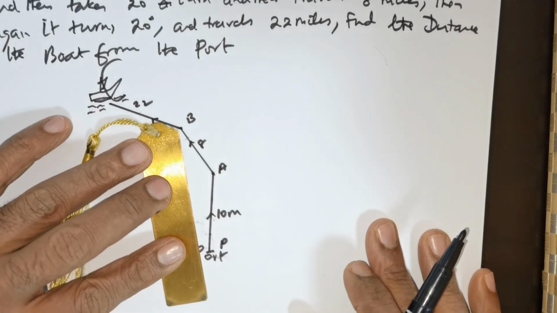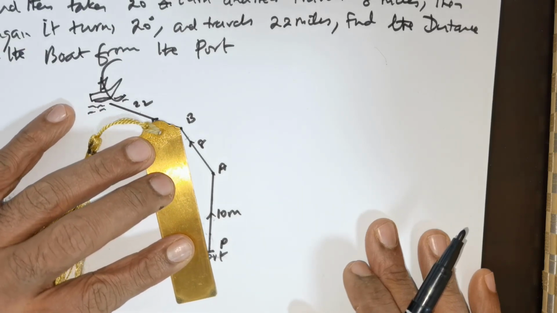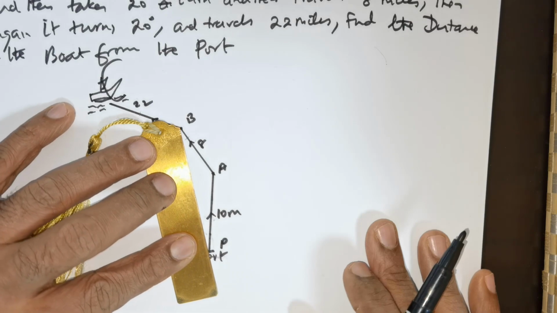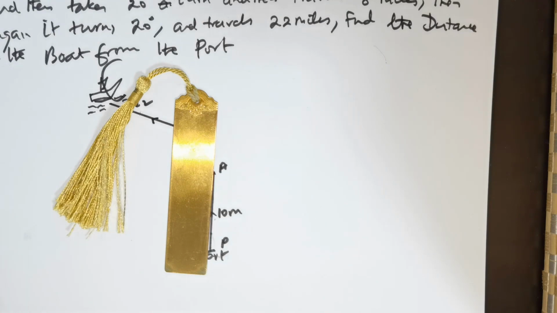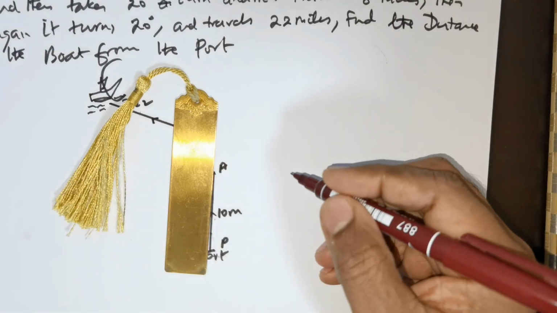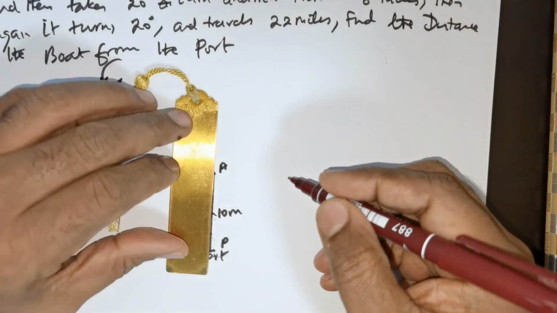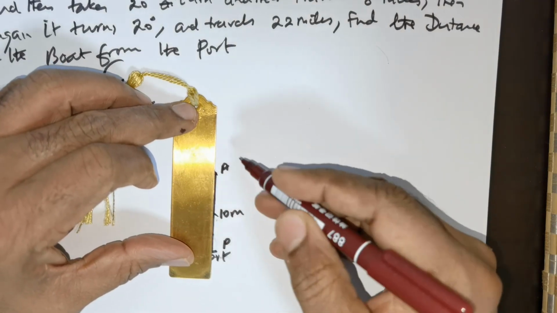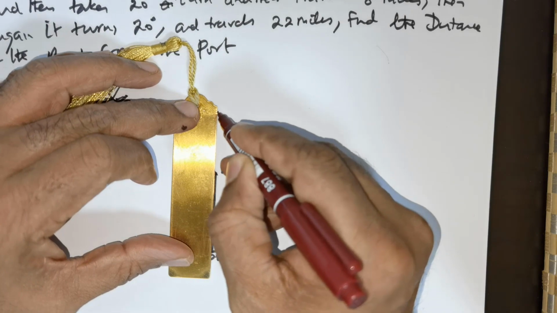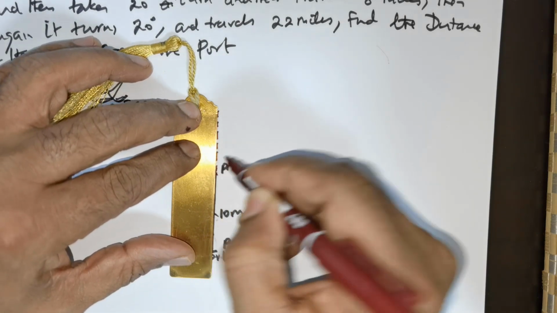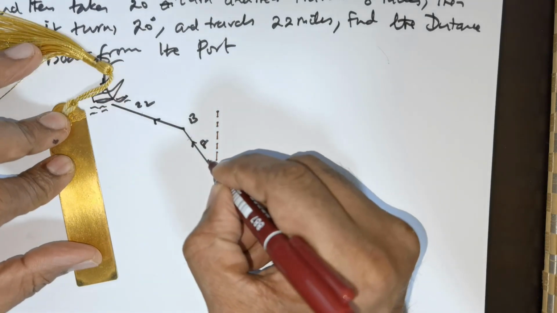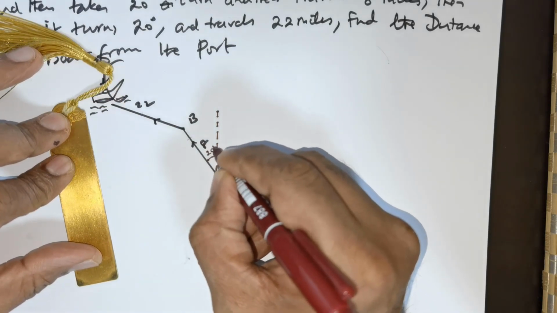Foremost, what I'm going to do is find this distance. So let me draw the straight line. The boat is actually moving out in this fashion. So this is going to be my straight line. So suddenly there is a 20-degree turn.